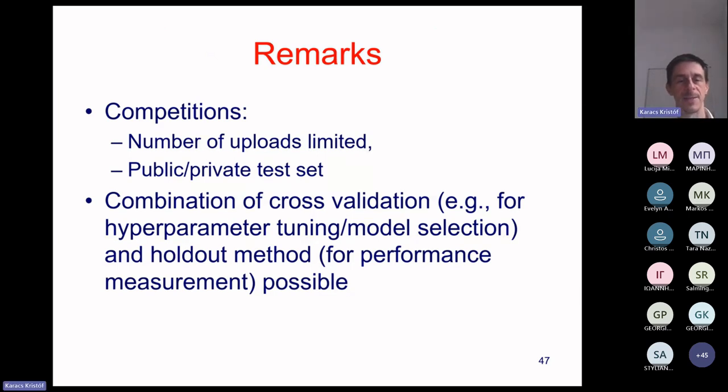There are many data science competitions where they only provide a training set and a test set.